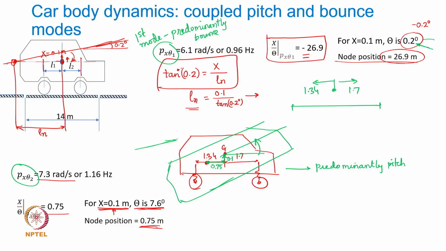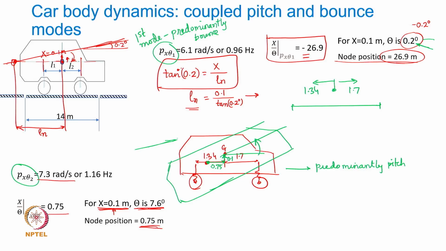Okay, and it all depends upon the amount of coupling between the two motions, which is defined by B, which is basically K2L2 minus K1L1. The difference, if it is larger, you will have larger coupling and so on.